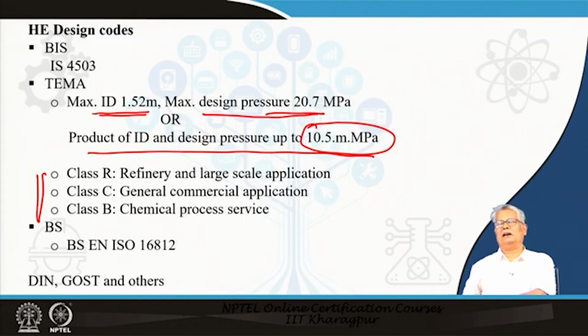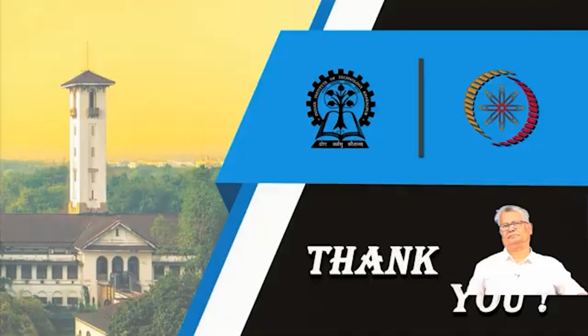Possibly we will be covering a little bit of shell and tube exchangers later on when we may discuss this as well. You have the British standard, which is BS EN ISO 16812, and there are German standards like DIN and GOST and a few others also. I think with this I will stop here.